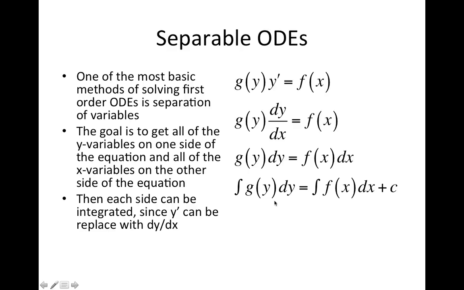And then we can integrate both sides. When we integrate the left-hand side, we generate a function in y. When we integrate the right-hand side, we generate a function in x. And then we have some constant of integration that is added as a result of the integration.